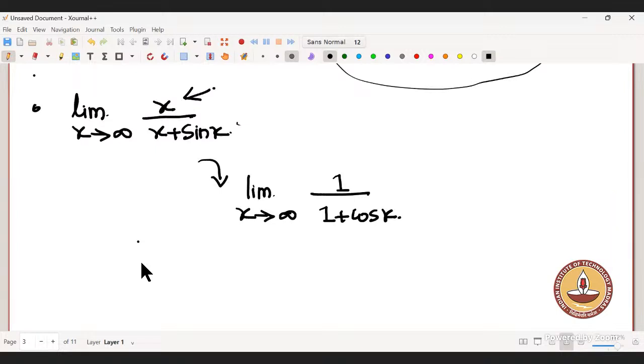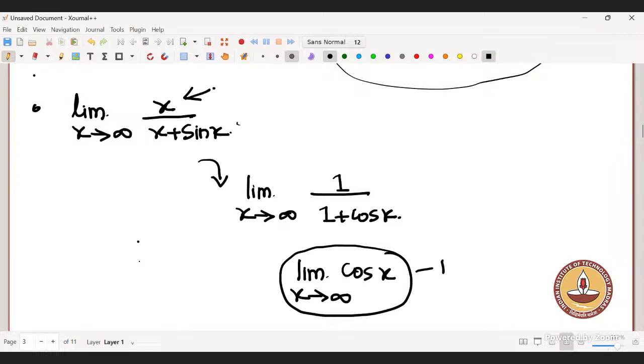As x tends to infinity, cos x actually does not exist. So this limit actually doesn't exist.